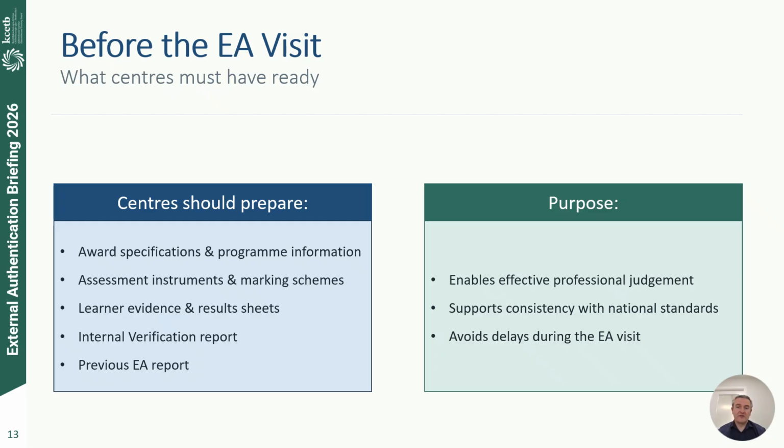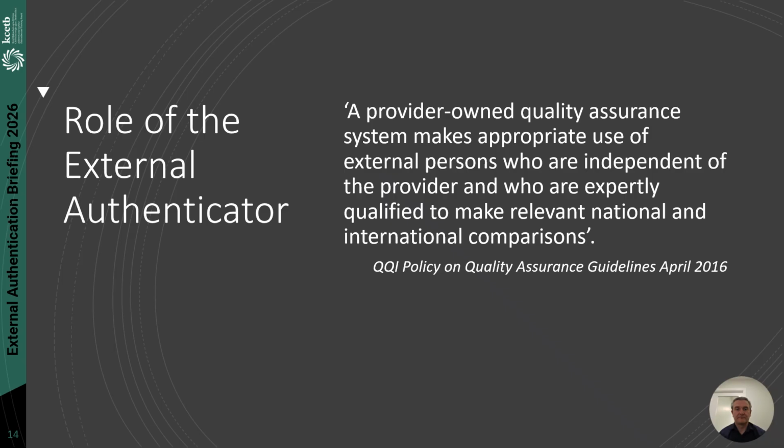So this will enable you to make an effective professional judgment of the learner results, ensuring that they meet national standards, and we should avoid any delays in the EA visit, because once you have all the documentation ready, it's just easier to get started with the work.